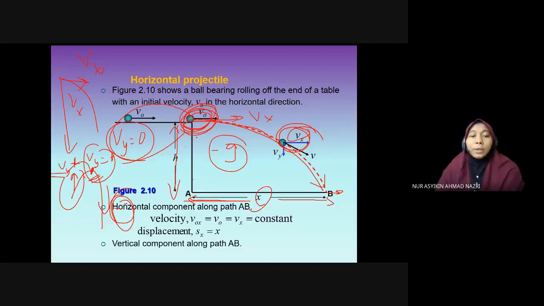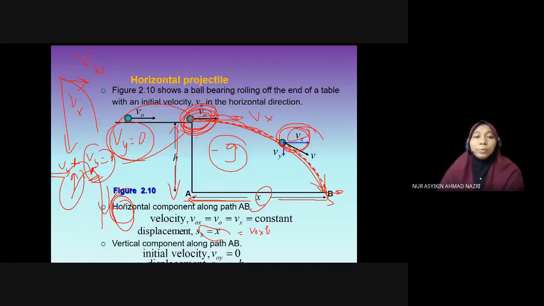Again, for this case the velocity is constant. So for your x, we will always use only one equation, x equals v naught x times time, the time we use to travel from here to here. Then v naught y there. Again, one more thing you need to remember: the height of the table is positive, but when we do it with velocity, we take it as displacement.